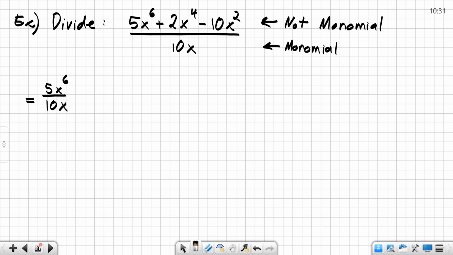So in other words, every single thing gets divided by 10x. You take the big problem and you turn it into 3 small problems. This is something that we always like to do in math.